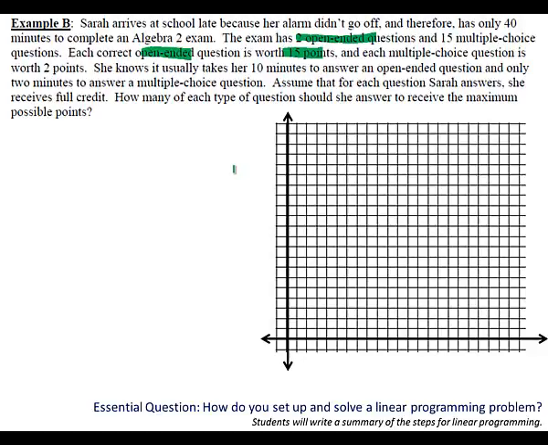Oh, actually, you know what? That's not our variables. Oh, no, I'm wrong. Open-ended and multiple choice are our variables. Okay, let's try again. So I'm going to say that x equals the open-ended and y equals the multiple choice.